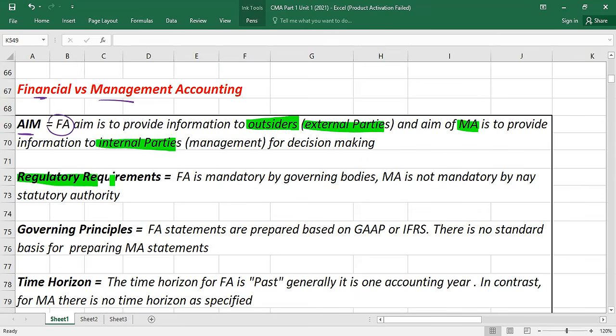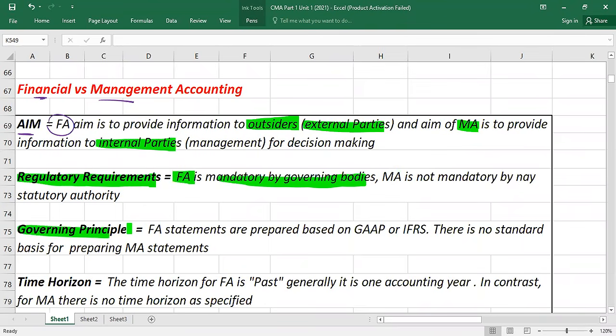Second is regulatory requirements. Financial accounting is mandatory by governing bodies. For example, if you are a listed company, it is compulsory that you issue financial statements. But even if you are a listed company, management accounting is not compulsory. Then governing principles.